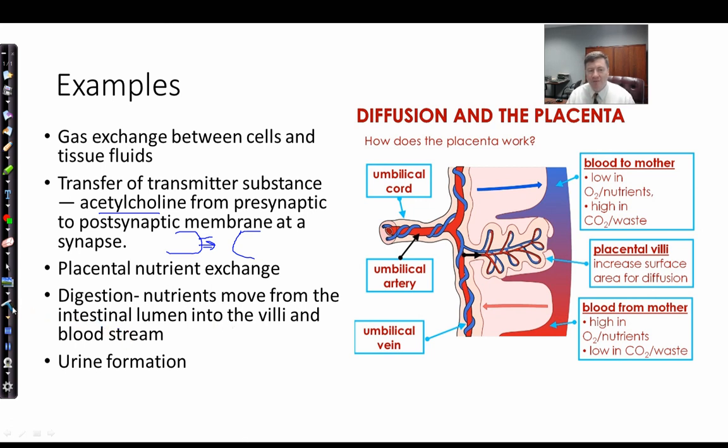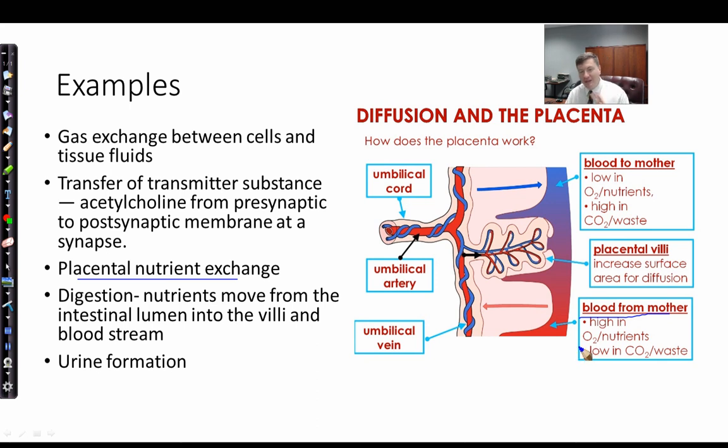We'll talk more about urine formation a little bit later, but I gave you one more example here with the placenta. This is showing you how the placenta works. The blood that's coming from the mother is going to be high in oxygen, high in nutrients, very low in wastes.